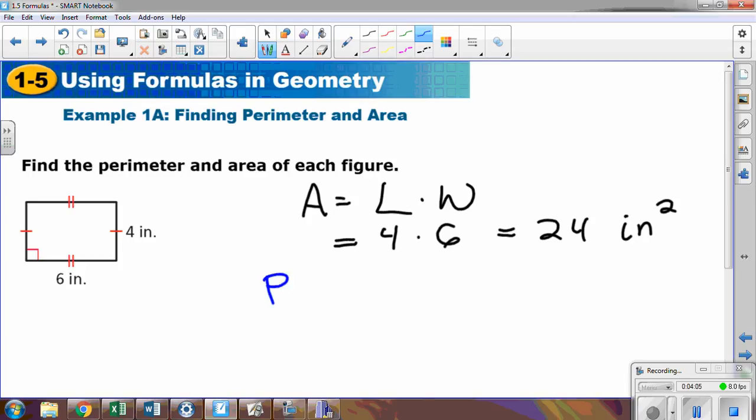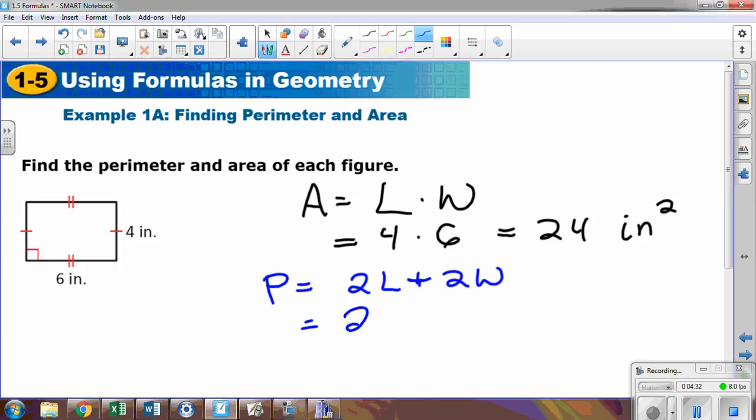Let's also do the perimeter. How do you get the perimeter of a rectangle? Well, there are different formulas. The one that we had written down was 2 times the length plus 2 times the width. We're just still plugging in the values for our variables.